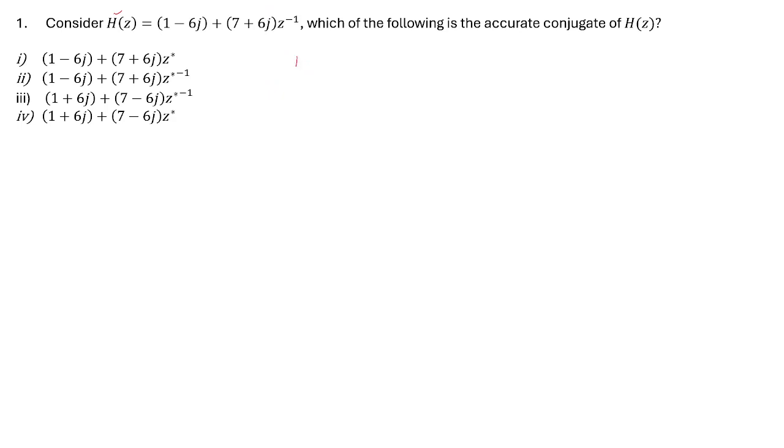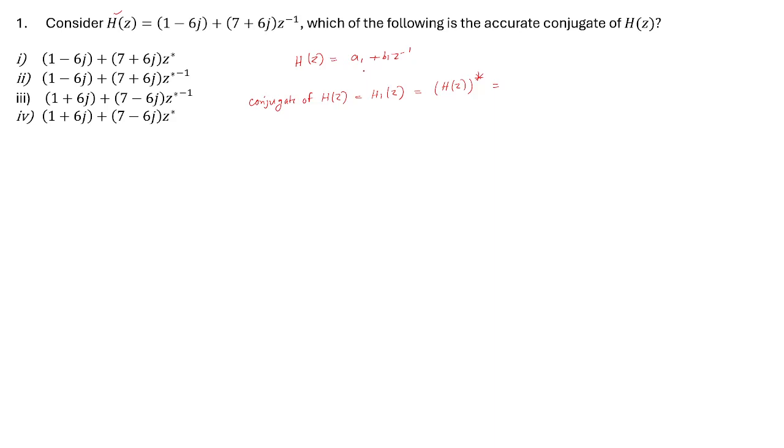So if there is a transfer function of this form, H(z) is equal to A1 plus B1 Z inverse, the conjugate of A(z), which let me denote as H1(z), is nothing but you take the complex conjugate of each of the complex quantities in the expression of A(z).